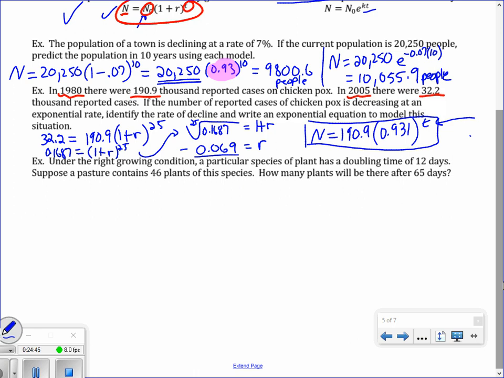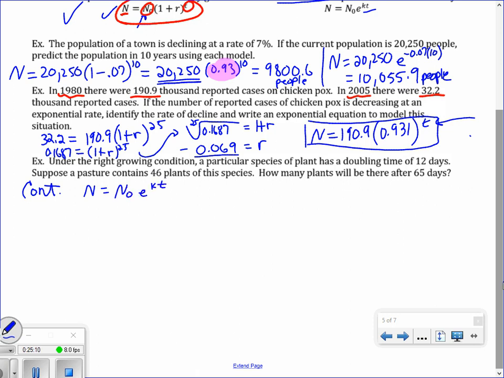So in this problem, I have to first figure out the rate. I don't know what's going on, but I do know it's doubling every 12 days. You have to use continuous for this, because every second these plants are doubling or whatever. So I'm going to be using N equals N0 e to the kt.